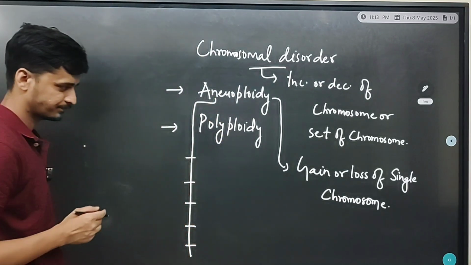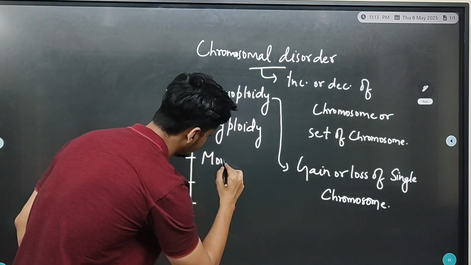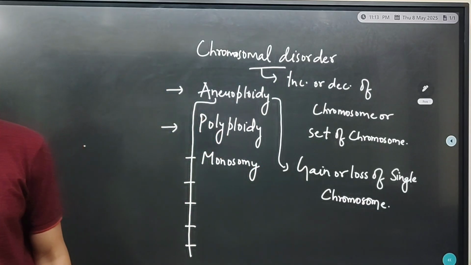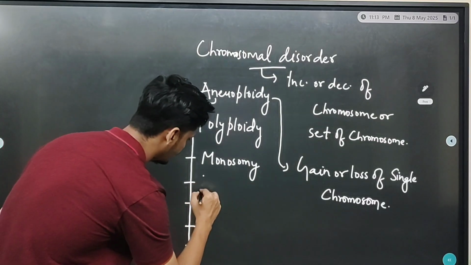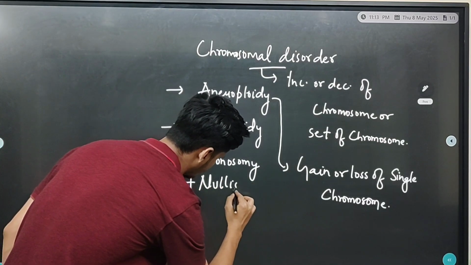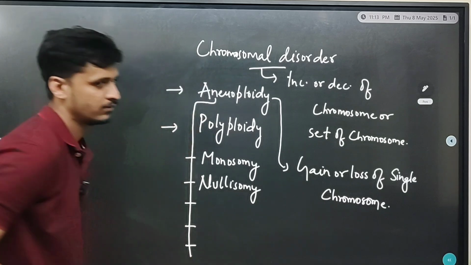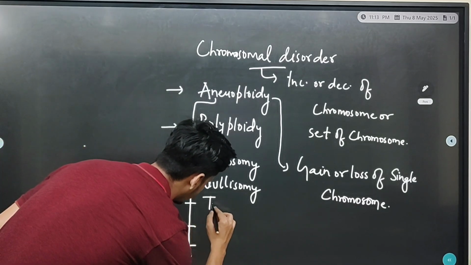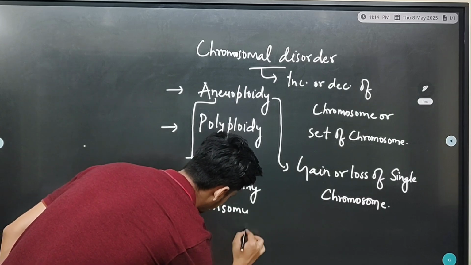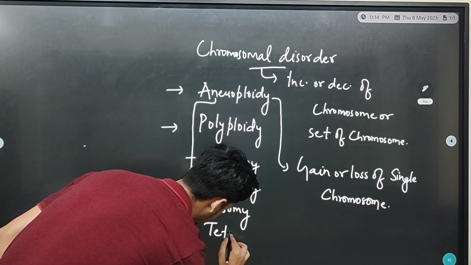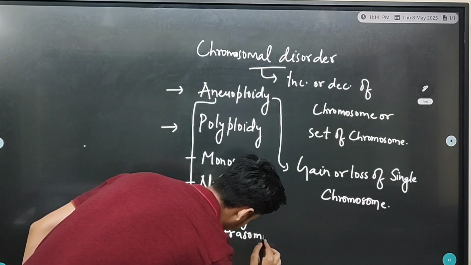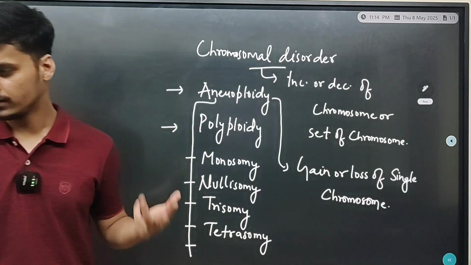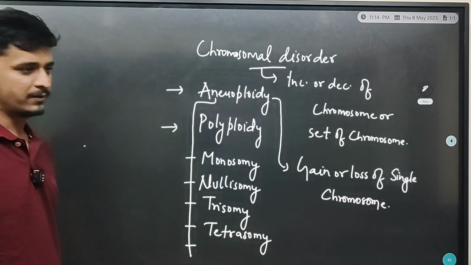The first is monosomy, then nullisomy, trisomy and tetrasomy. Okay, monosomy, nullisomy, trisomy and tetrasomy.